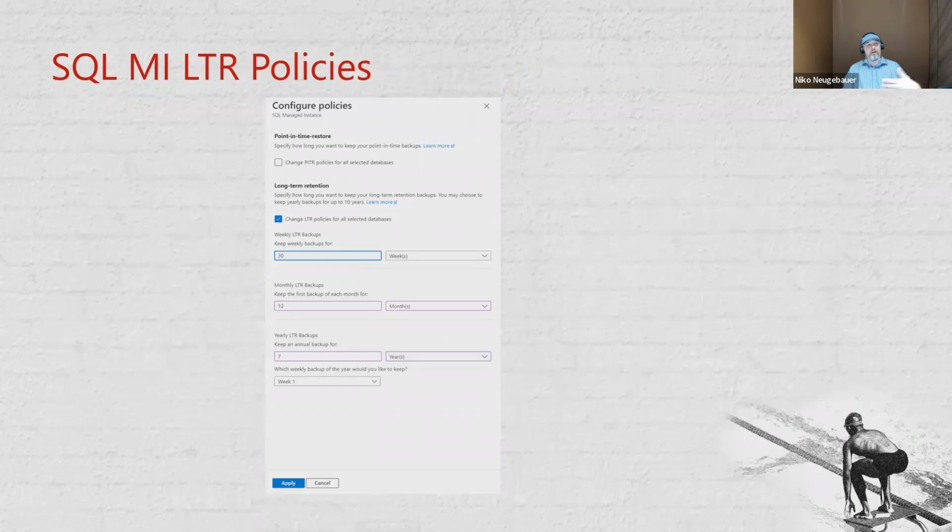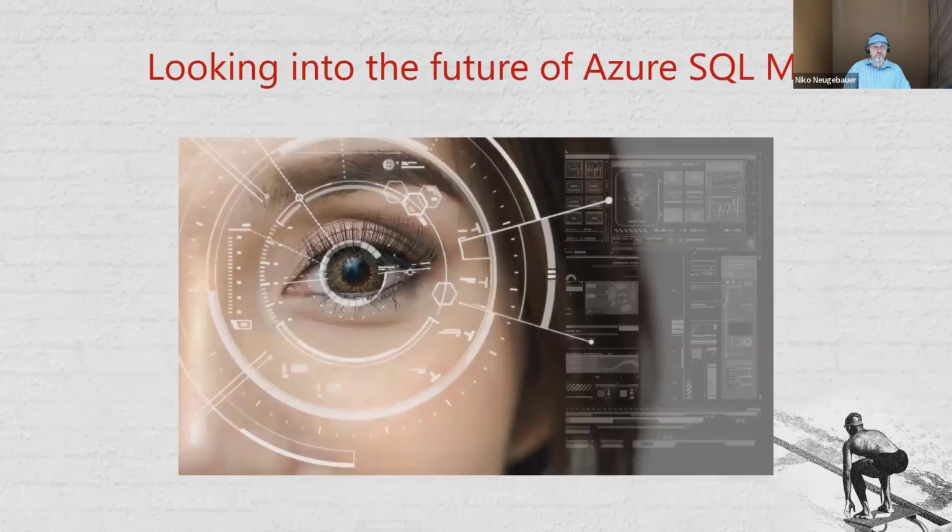You can also configure the long-term retention policies if you need them. If you do not need to go over the 30 days, why would you configure them? If you will not, you will save some costs.